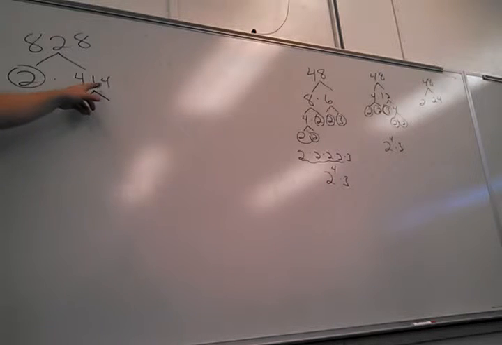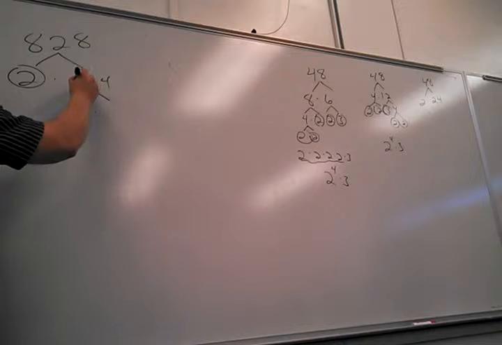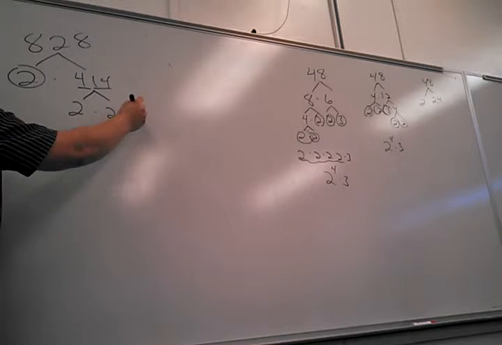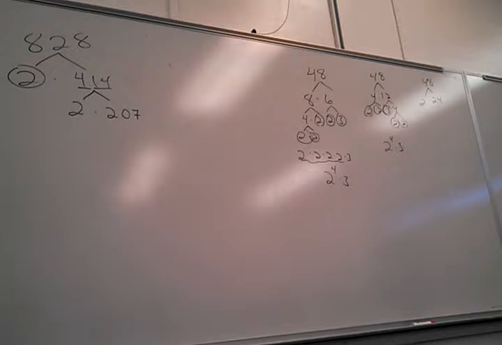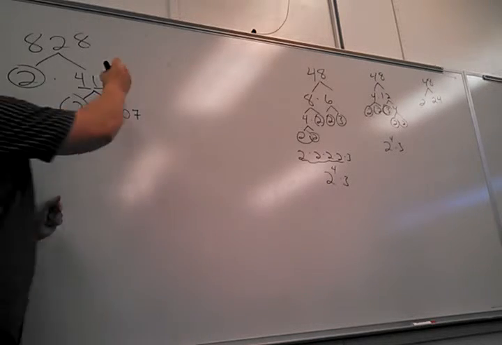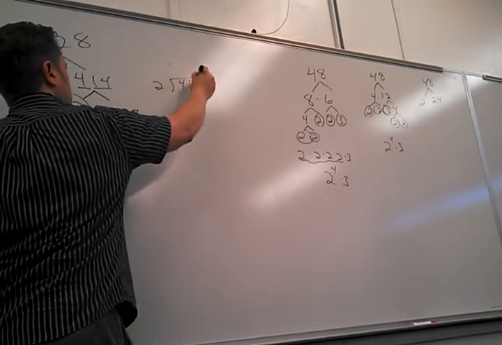I did 2 into 414. I'm trying to take 414 and break it up, so I divide 414 by 2. No, I'm taking 414 and breaking it apart, like 16 is 2 times 8. I'm trying to break it up into its parts. So 414 is 2 times what?